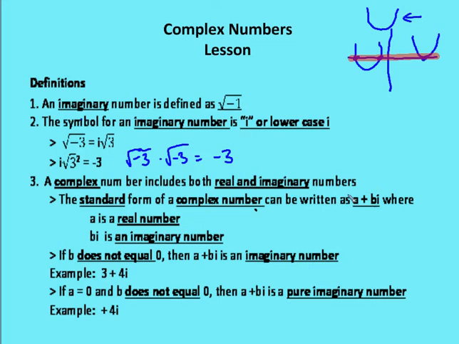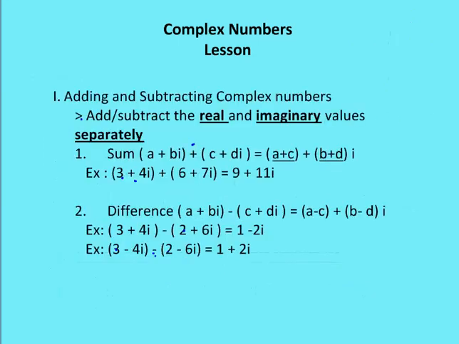Now if b does not equal 0, then a plus bi is an imaginary number. An example would be 3 plus 4i. If a is equal to 0 and b does not equal 0, then a plus bi is a pure imaginary number. Now we're not going to use this mathematical dialogue much, but I just want you to know the difference between a pure imaginary number and an imaginary number.